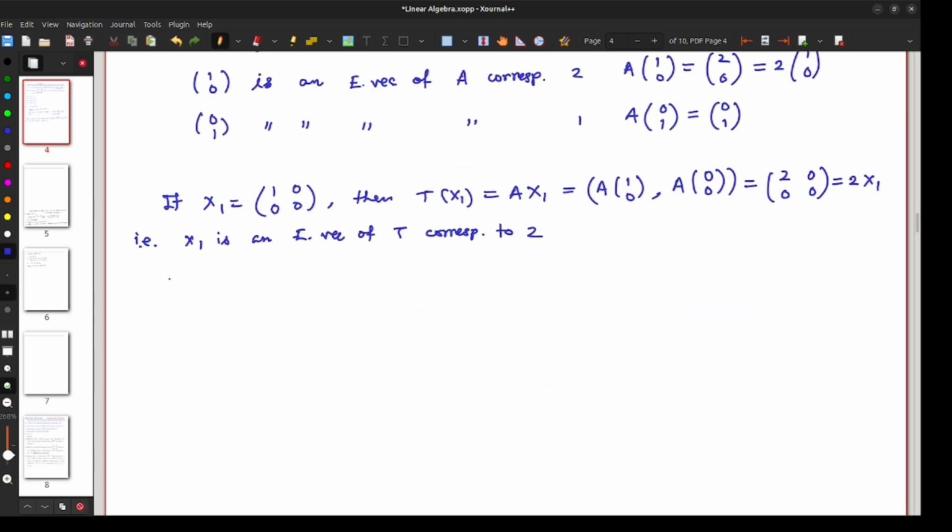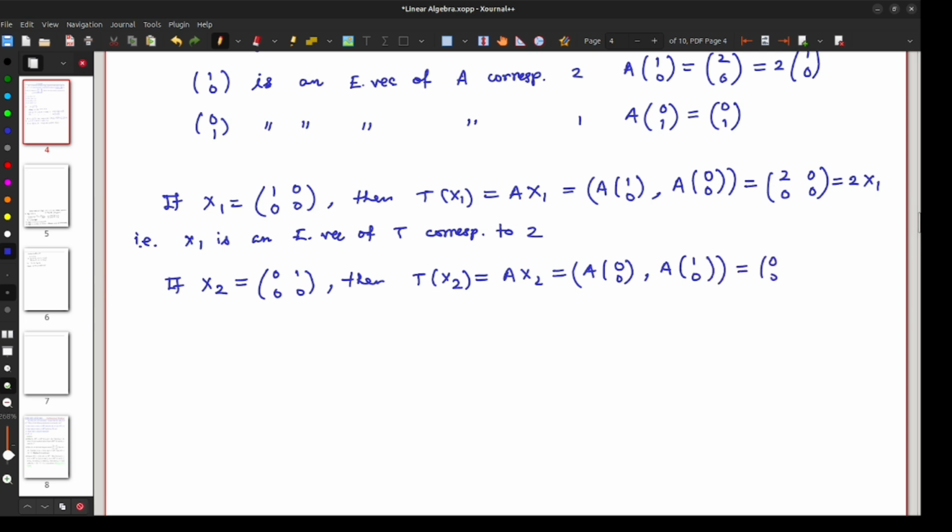Similarly, if I construct another matrix x2 whose first column is the 0 vector and the second column is an eigenvector of A corresponding to the eigenvalue 2, that means the vector 1 0, then we get T of x2 is A x2, and the first column of this product is A times 0 0 and the second column is A times 1 0, which is equal to 0 0, and the second column is 2 0.